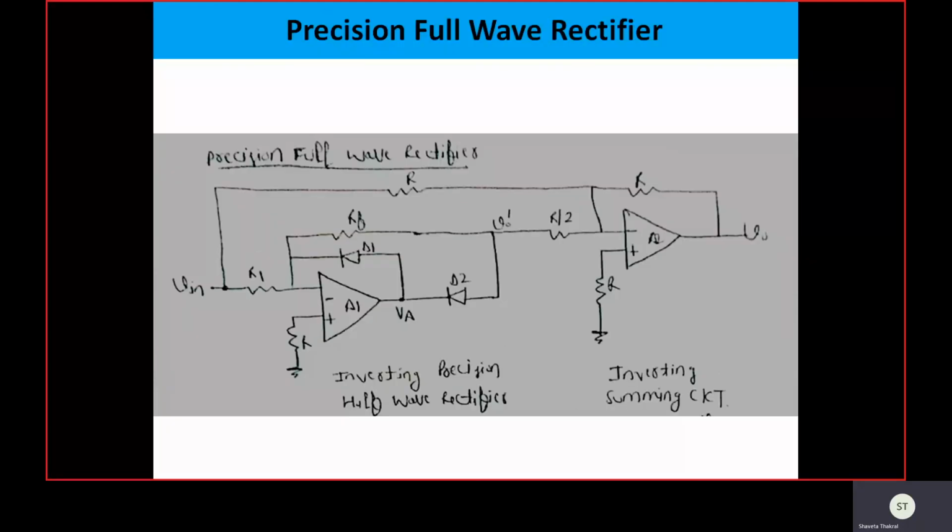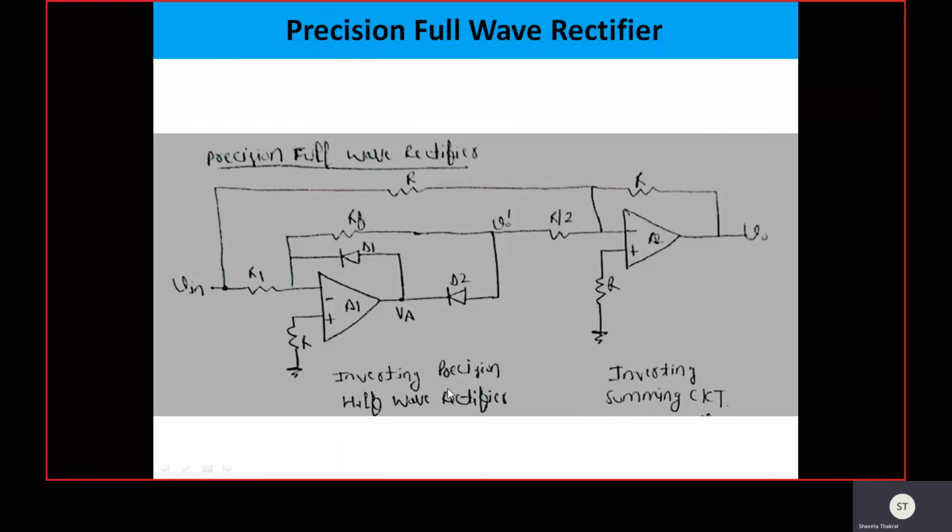And to construct the circuit of the precision full wave rectifier, we have cascaded the inverting precision half wave rectifier that we have discussed and the inverting summing circuit. So this is the inverting precision half wave rectifier circuit and this is the inverting summing circuit.